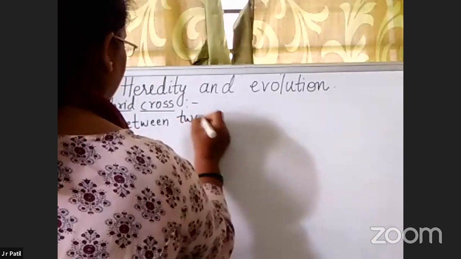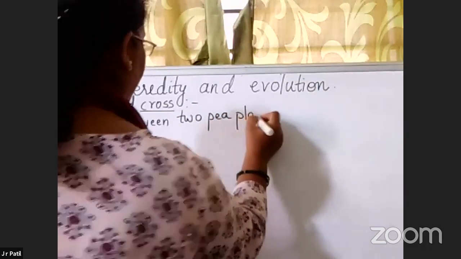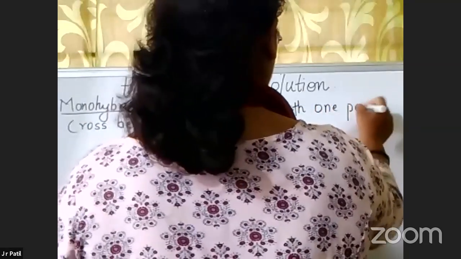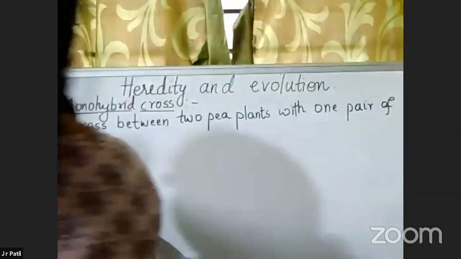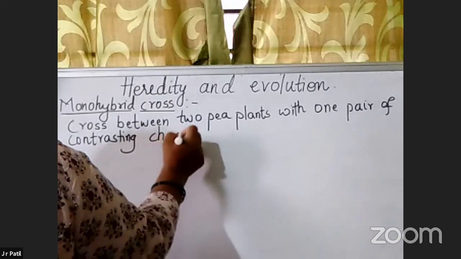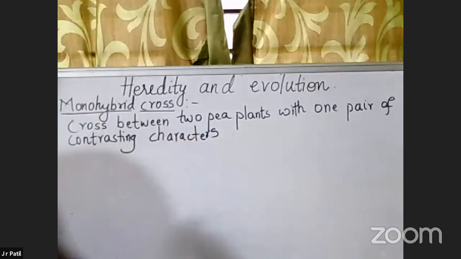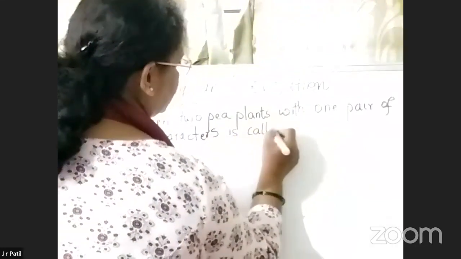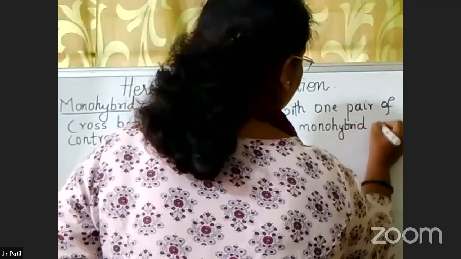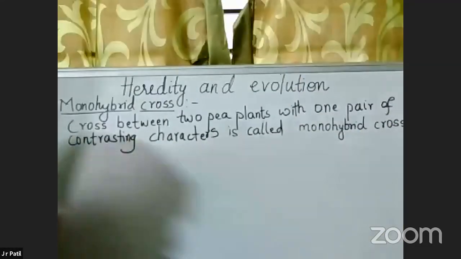Cross between two pea plants with one pair of contrasting characters is called monohybrid cross. It is called monohybrid cross. Write down this.